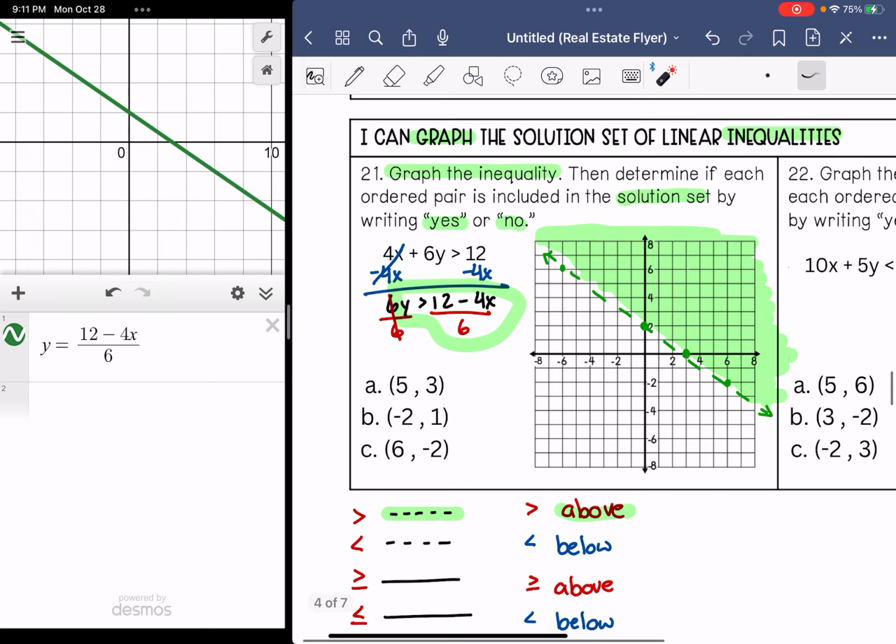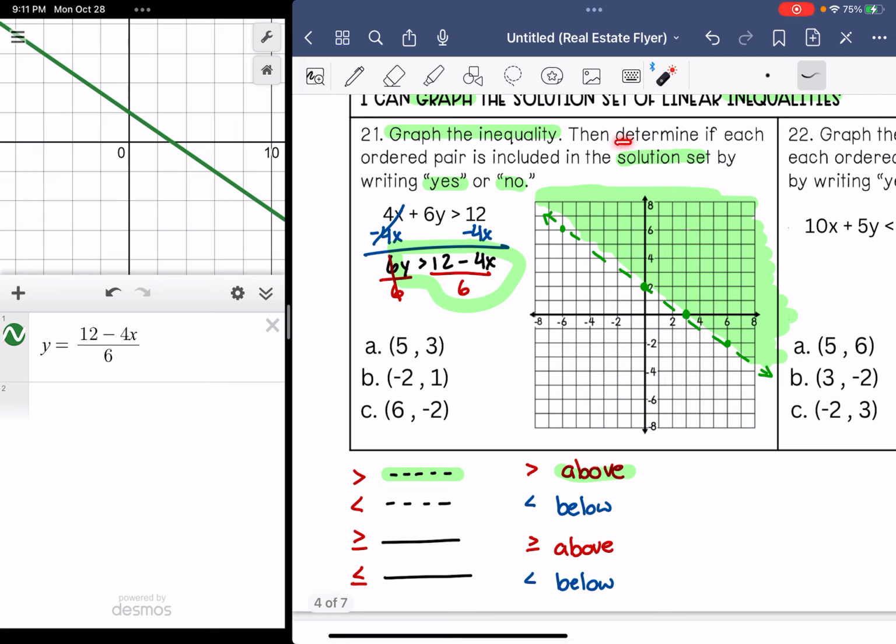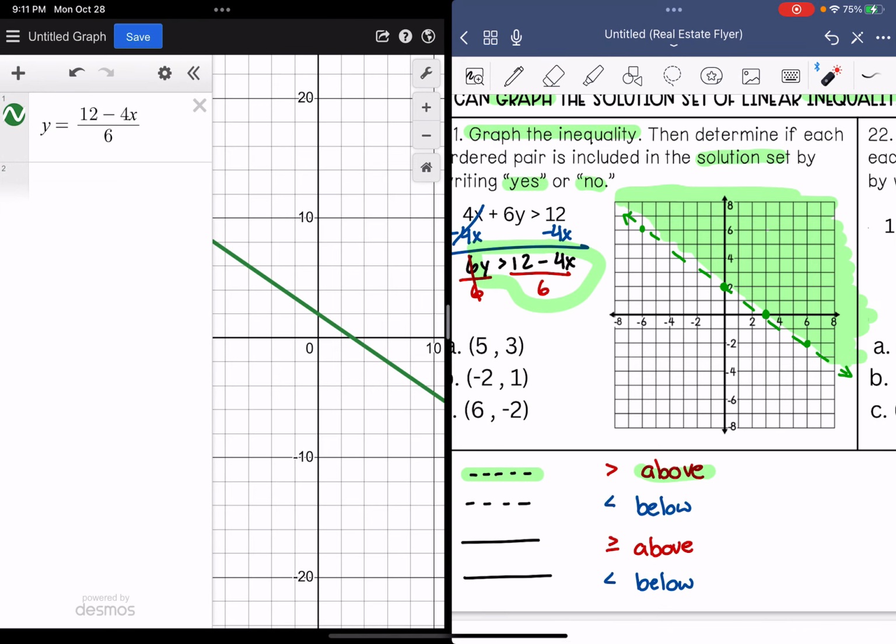Okay, from here, I'm going to be determining if each ordered pair, if each point is in the solution set, so in the shaded in region. Now, if you do not know where these points go, you can use Desmos.